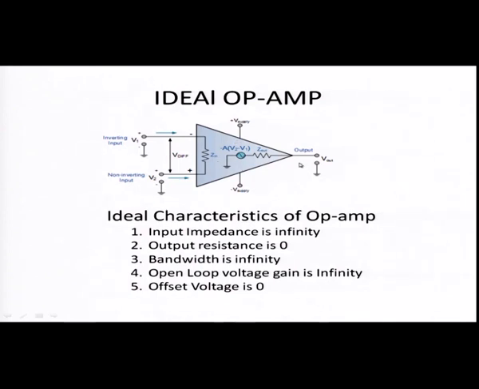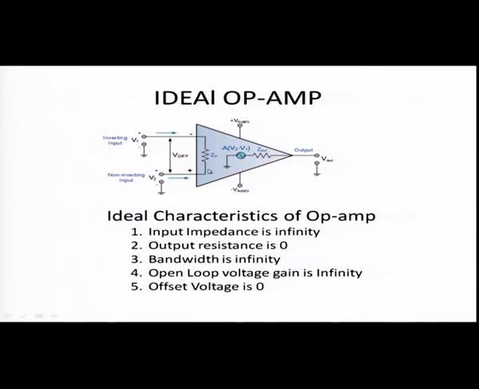And this circuit shows the ideal operational amplifier circuit. Here these are the two input terminals for which we have given the voltages V1 and V2, and across these terminals you can calculate the difference between the input voltages.